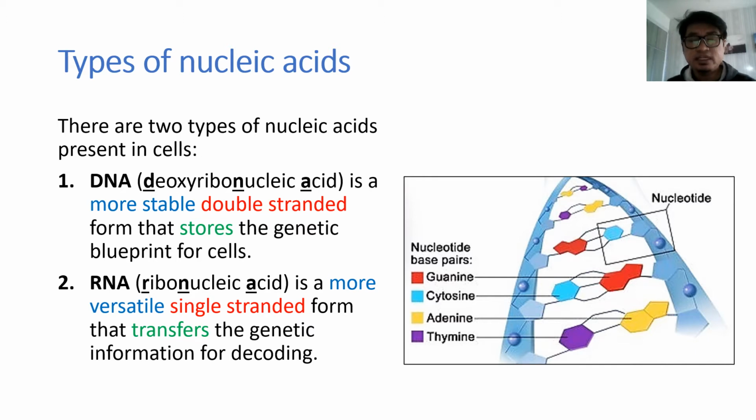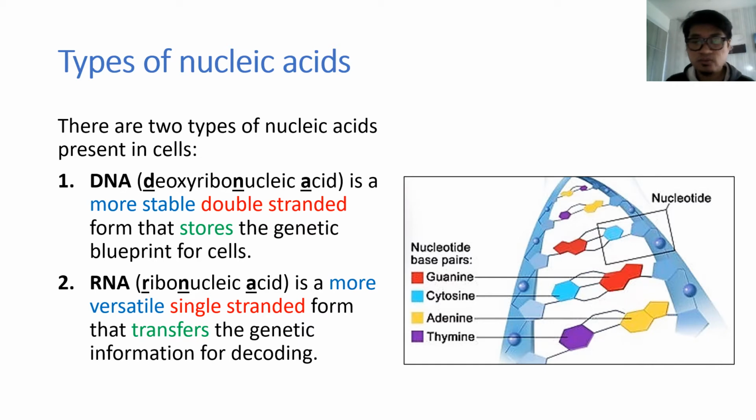The function of the DNA is to store the genetic blueprints of the cells, meaning that it stores all the information about the genetics. But the RNA is a form that can transfer the genetic information into a protein, for example. So it has the code to be decoded and to be translated into the protein.